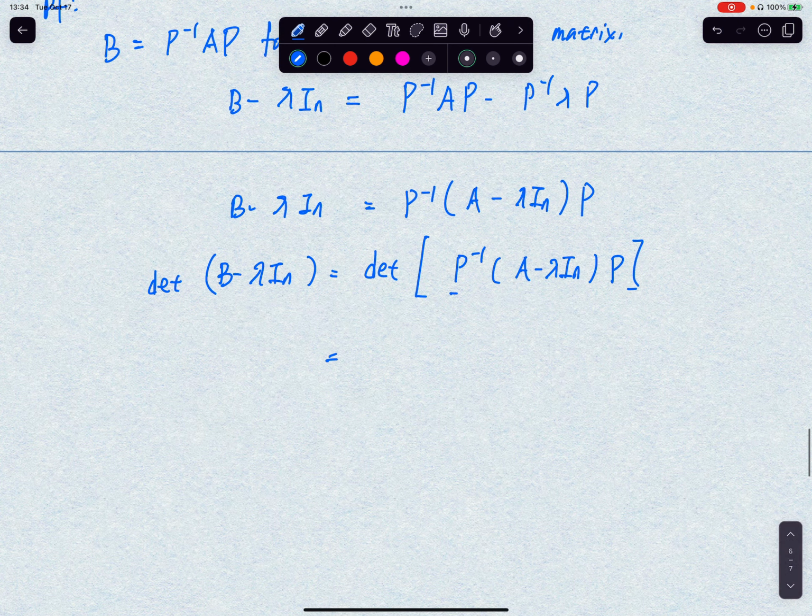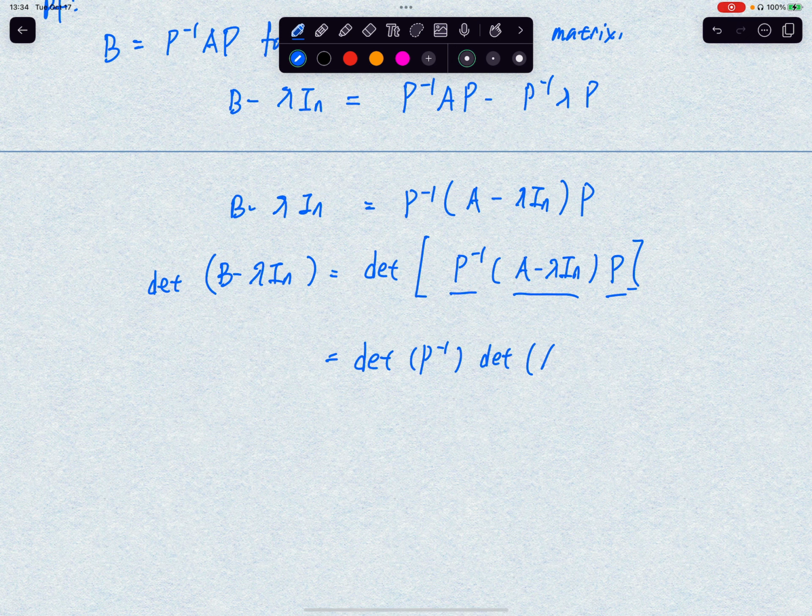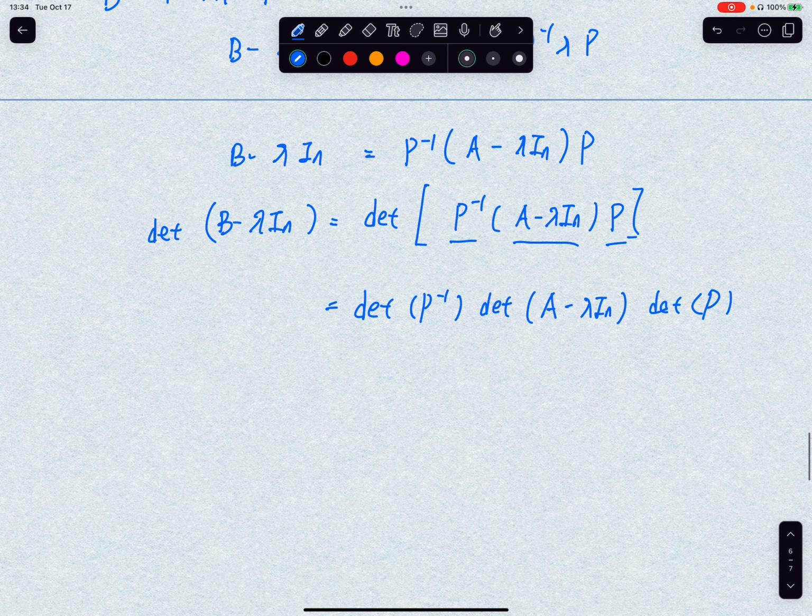And since P inverse, A minus lambda I_n, and P are all n by n matrices, we know that the determinant of their product equals the product of their determinants. So we have this. And moreover, since this is the multiplication of numbers, we can apply associativity.